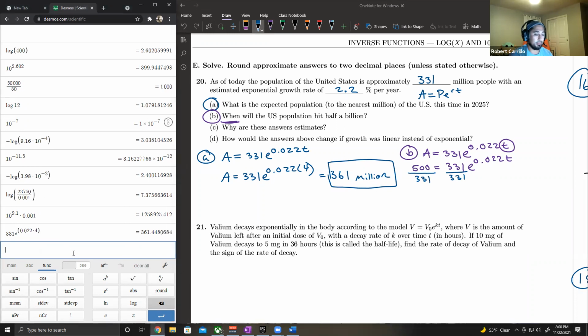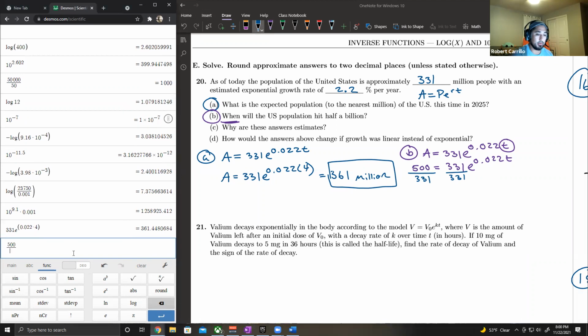Let's see, 500 over 331, and we got 1.51. So 1.51 is equal to e to the 0.022t. Now, in order to get t down, we'll convert from exponential to logarithm.